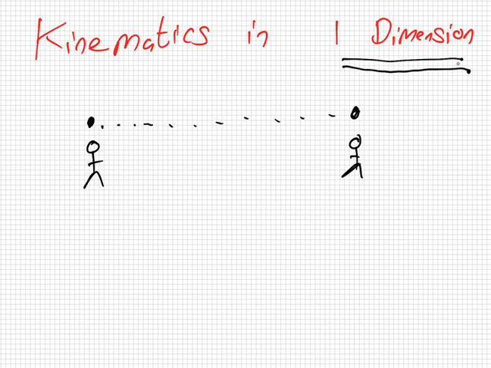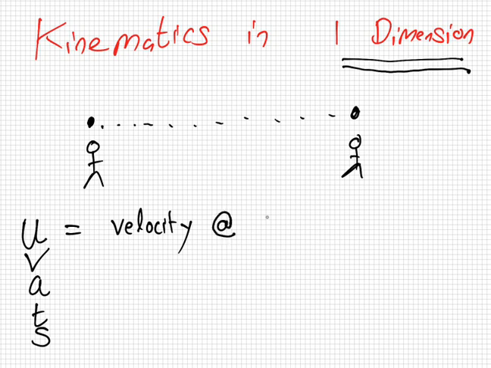So I have to give you some words. We have U, V, A, T, S. So U is the velocity, initial velocity, the velocity at the start. So we say this person starts with U meters per second.